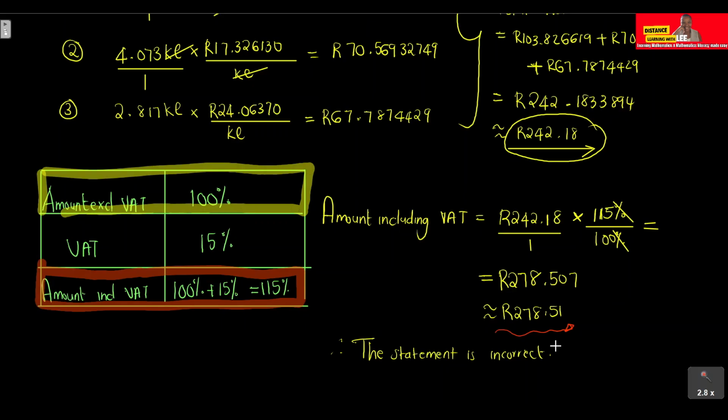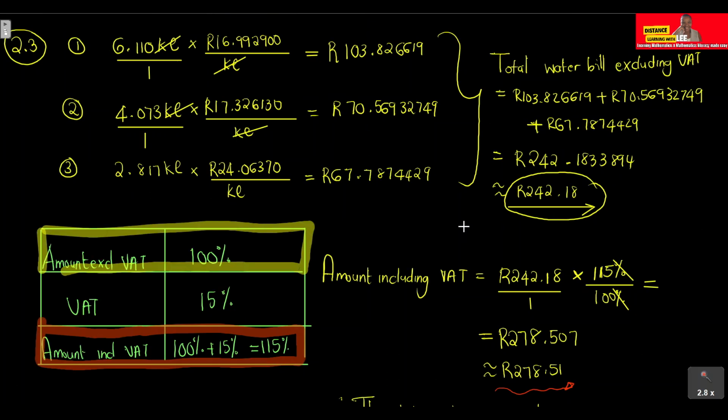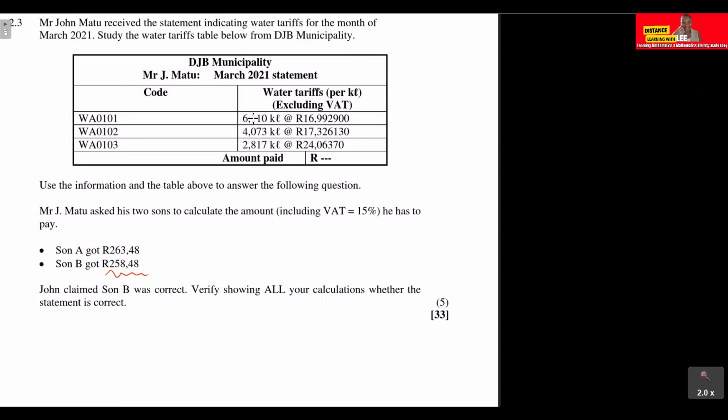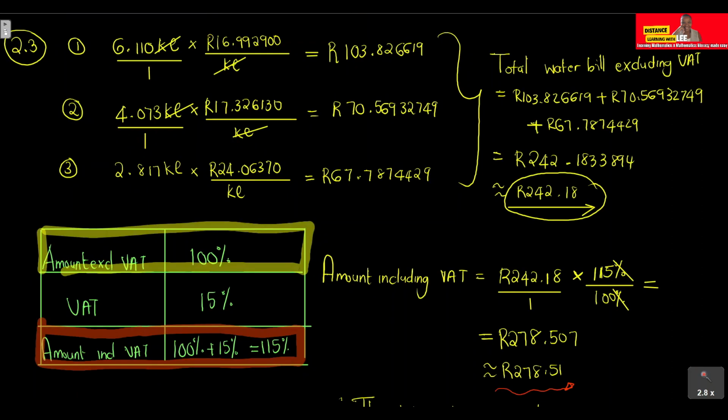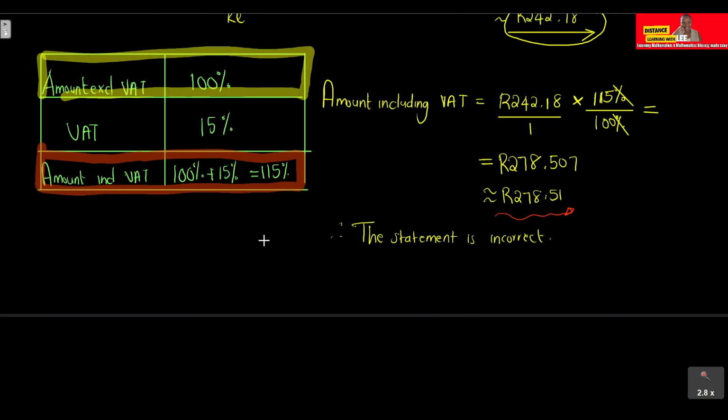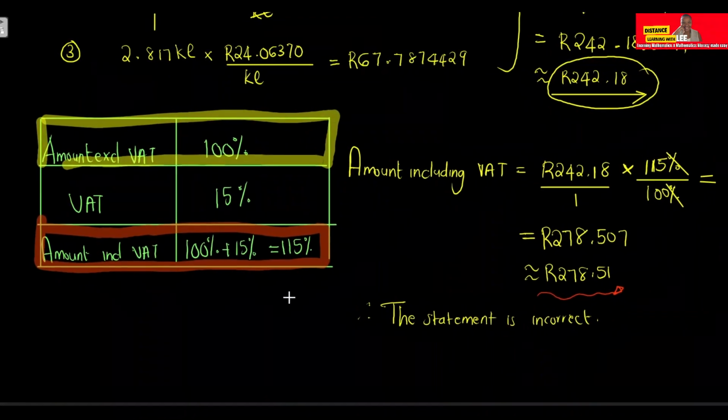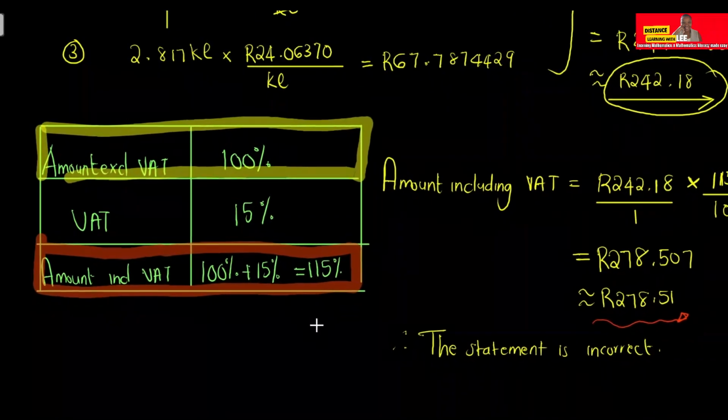With this question, what is very important is that you are able to calculate your water tariff. I showed you that when they give us this value of 16 Rand 0.99290, that is the value that you pay per kiloliter of water you use. It's also important that you are able to calculate your amount including VAT and amount excluding VAT, and we use this table to help us determine that.